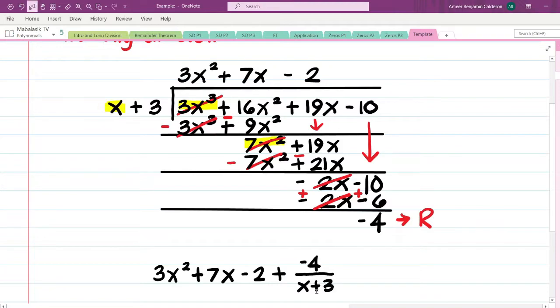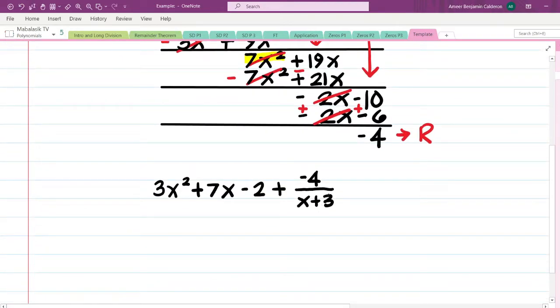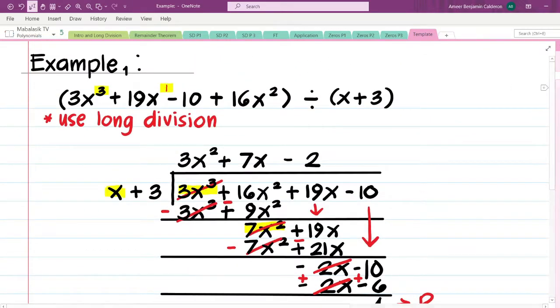Or we can have minus 4 over x plus 3. Something like this. So let us now go to our second example.